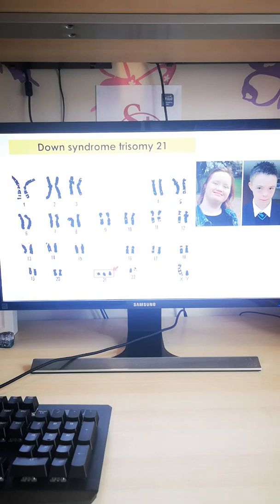So it is quite a common chromosome disorder, and it does affect people in a variety of ways. Particularly, it can cause heart problems. So about half of children with Down syndrome need some sort of cardiac surgery for associated heart problems, and it can also lead to learning difficulties as well. Okay, so that's probably the one you know about.